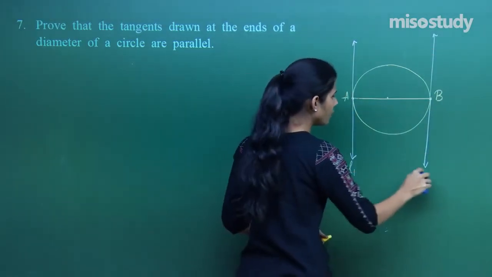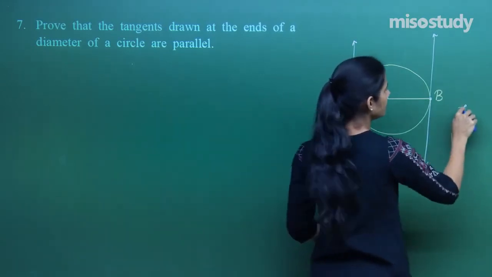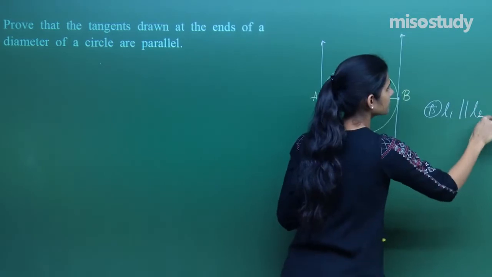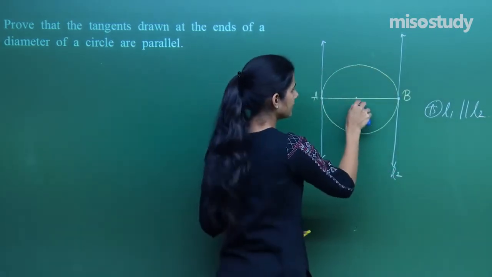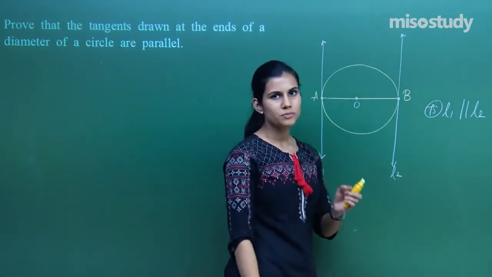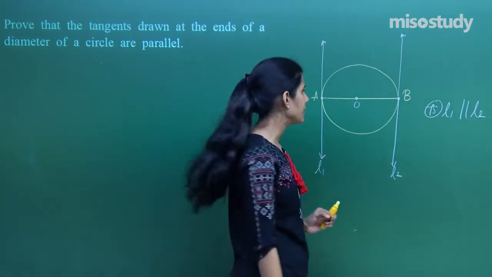So I have to show L1 and L2 are parallel. Fine, this is the center. Now this is pretty interesting question because it is going to make you revise your previous concepts as well.